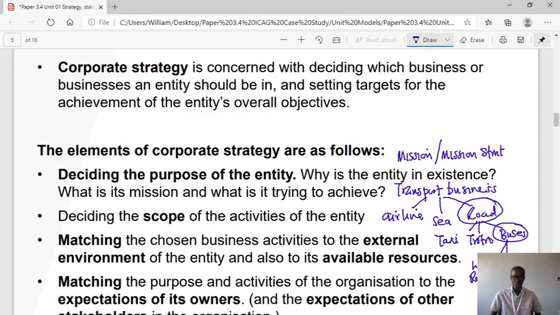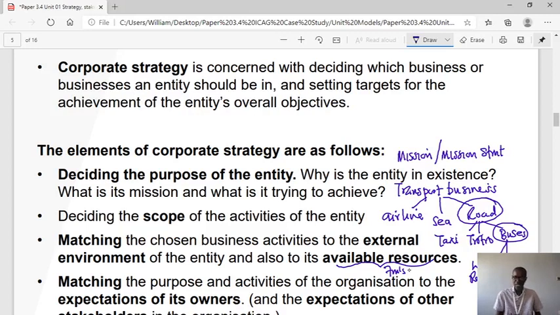So in corporate strategy, decide the purpose, decide the scope of the activities of the entity, then match the chosen business activities to the external environment. And we'll look at external environment and the entity, and also its available resources. By resources, I've mentioned something like the 7 M's earlier. Match the business activities with the money, the management, the manpower, the makeup, and so on. Match it with the available resources. We will do this one much later under strategic capabilities.